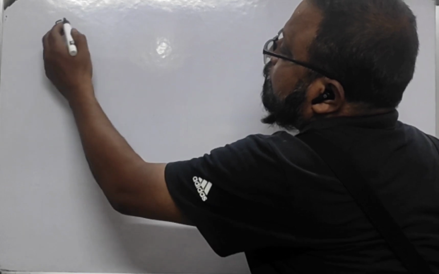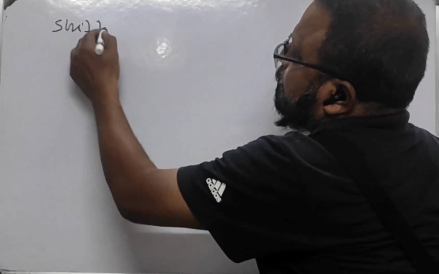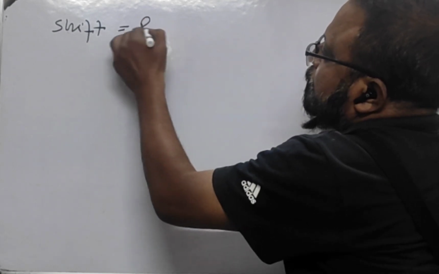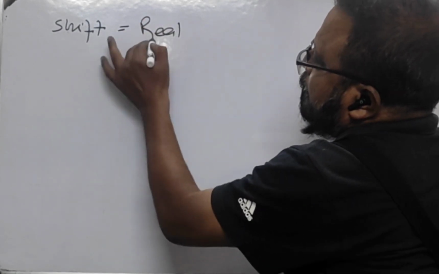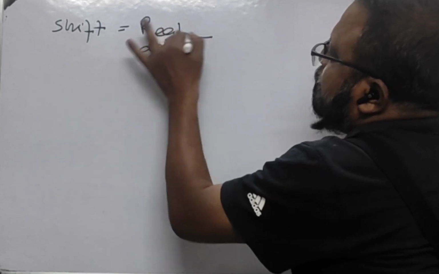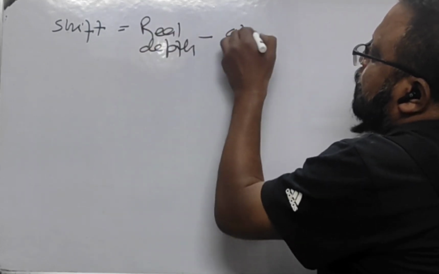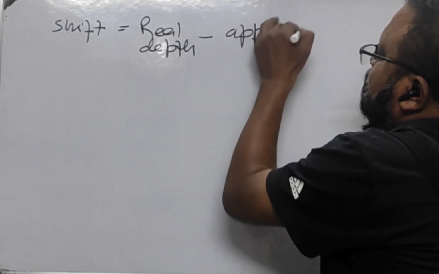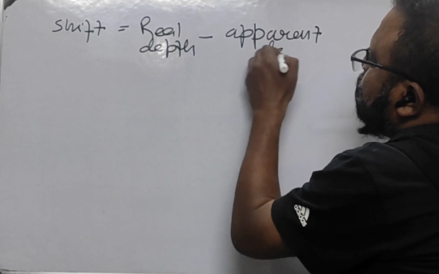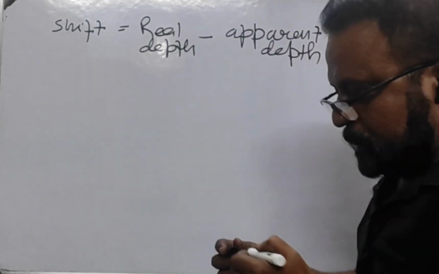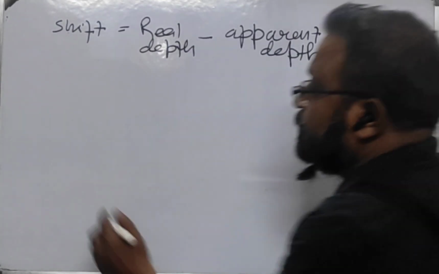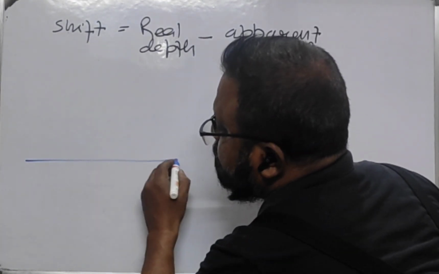I told you, you know that shift is what? Shift is equal to real depth minus apparent depth. Did you understand the meaning of what I wrote? Yeah, this is the surface, right?